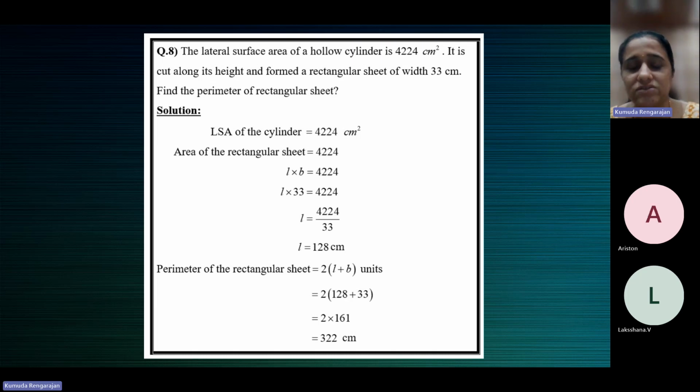Whatever is the CSA of the hollow cylinder will be the area of the paper. So area of a rectangle is L into B. Substitute for B, 33, and you can find the value of L. Now you know the length and the breadth of the rectangle. So find the perimeter of the rectangular sheet using the formula 2 into L plus B. So that's about question number 8.